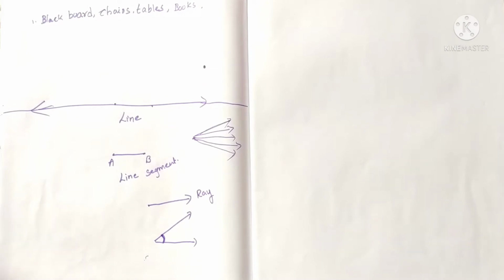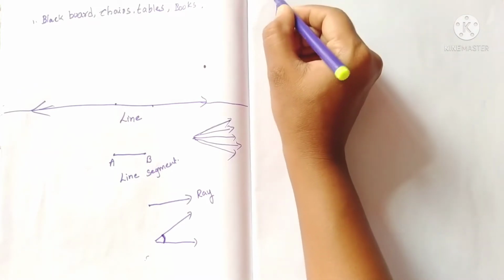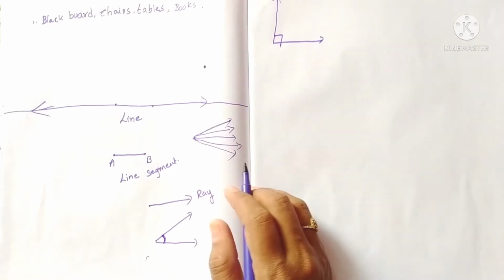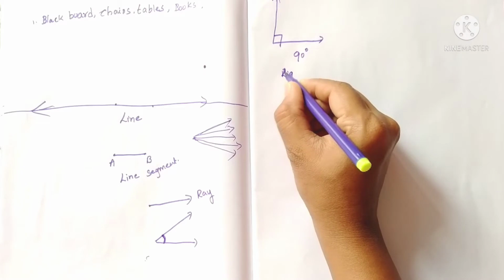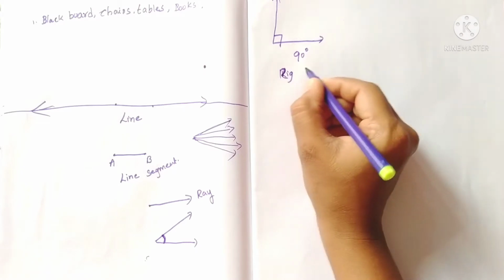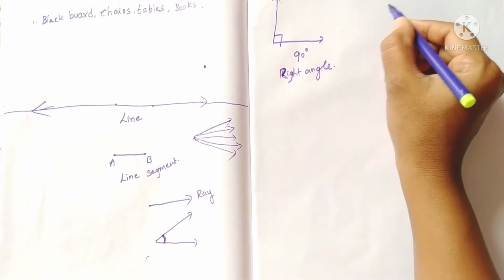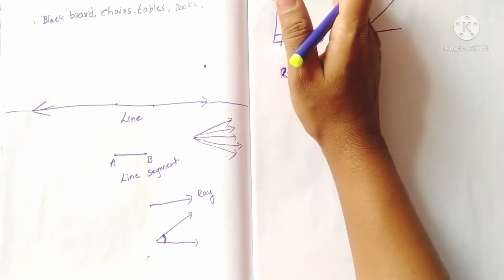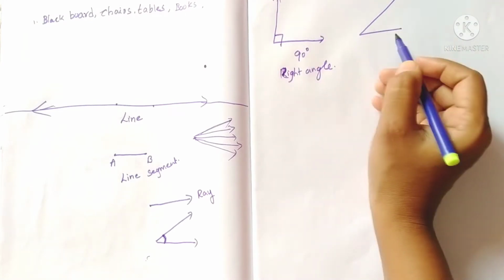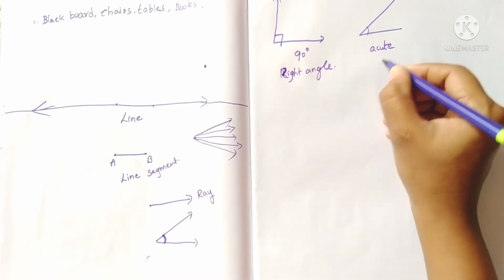And there are types of angles also. If the two arms are like this, we call it 90 degrees, a right angle. If anything is less than 90, that means like this, it is an acute angle.